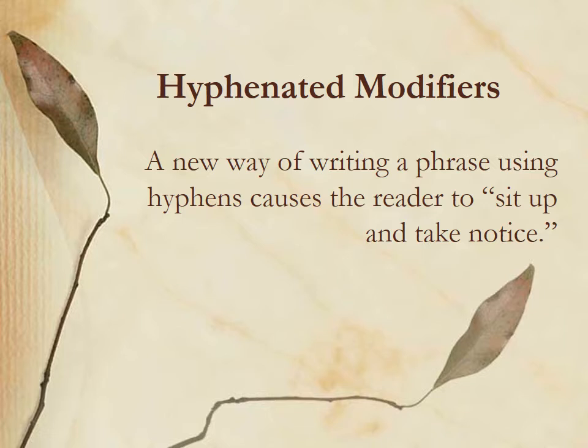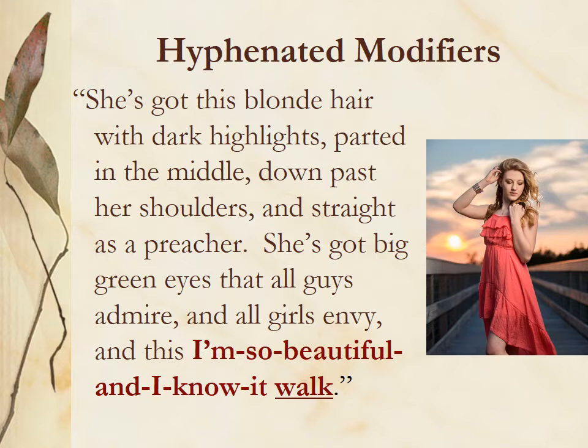Any meaningful thing. What noun, person, place, or thing, would you like your reader to pay attention to in your story? Here are more examples. She's got this blonde hair with dark highlights parted in the middle, down past her shoulders and straight as a preacher. She's got big green eyes that all guys admire and all girls envy, and this "I'm-so-beautiful-and-I-know-it" walk.